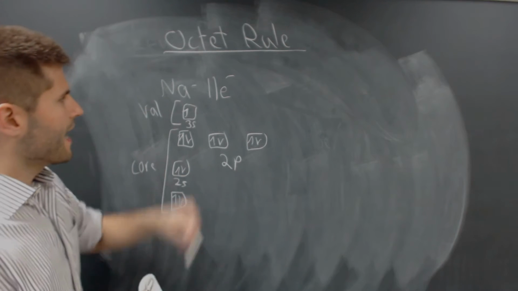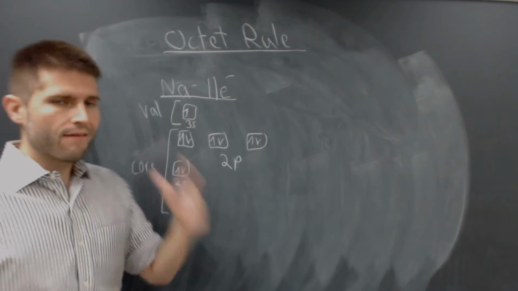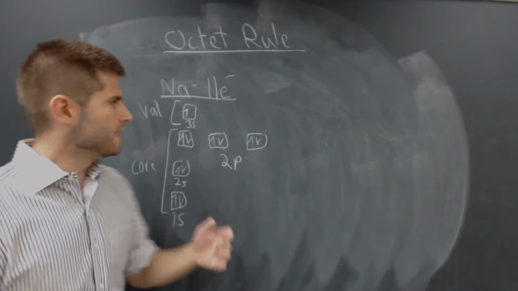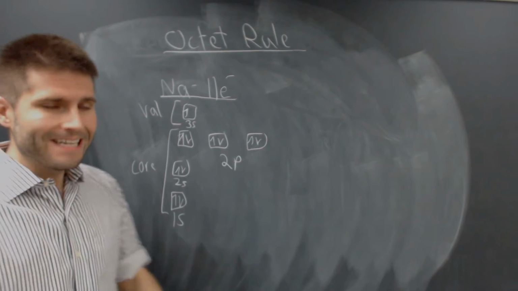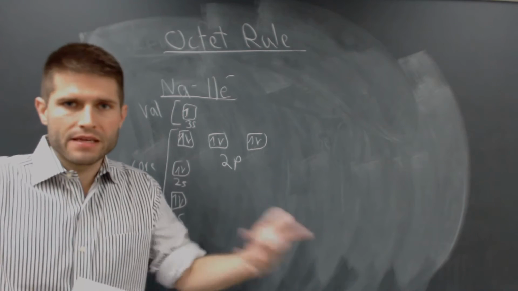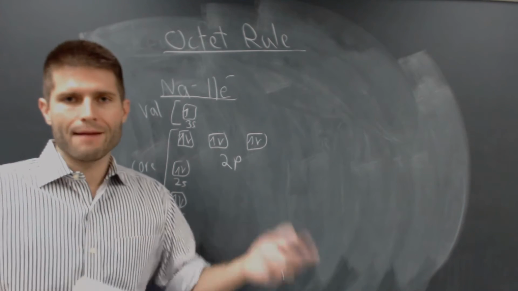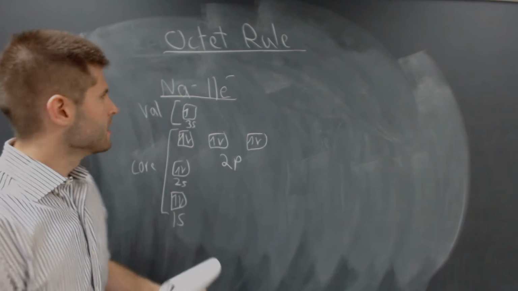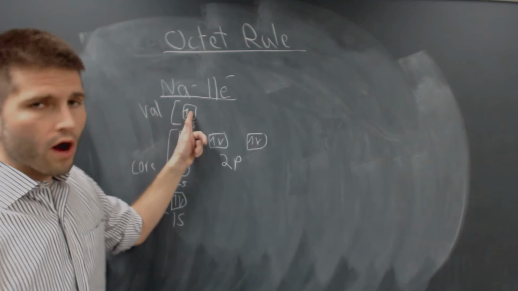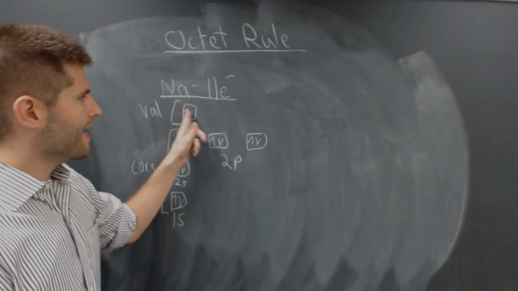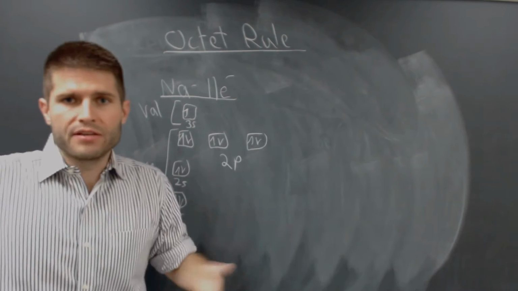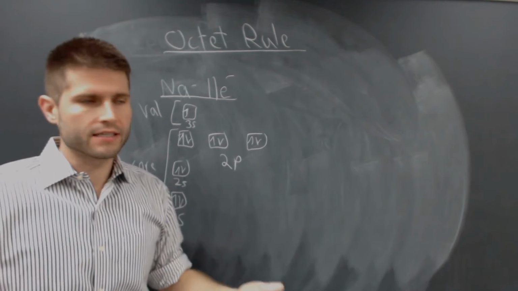So we're going to try and abide by this octet rule. Every atom that's lower on the periodic table than, let's say, lithium is going to need a total of 8 valence electrons in order to be considered a happy atom and a happy ion. In this case, for sodium to get 8 valence electrons starting with 1, it would mean that we would have to add in 7 more electrons in order to get sodium to be happy and follow the octet rule.